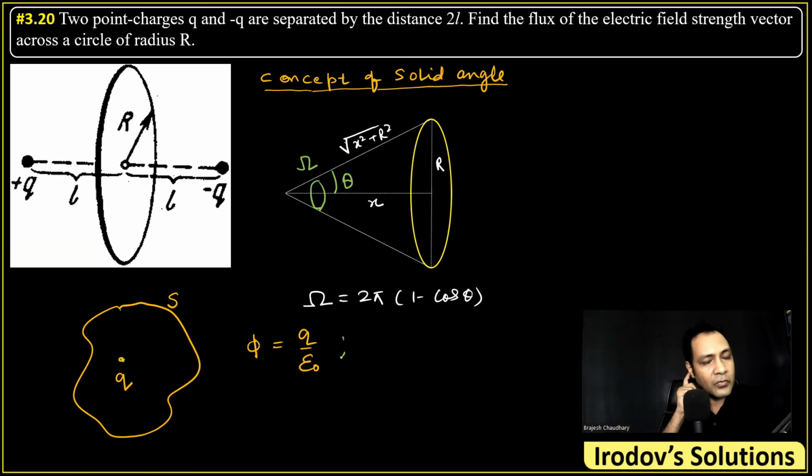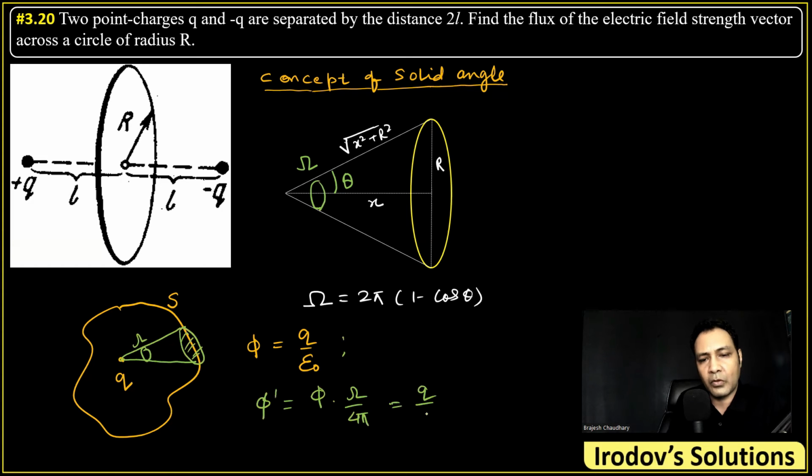So if I ask how much flux is crossing through a solid angle omega, that flux phi dash would be simply phi into omega divided by 4 pi, which is equal to q by epsilon naught times omega divided by 4 pi. That much flux would be crossing within this region of solid angle.